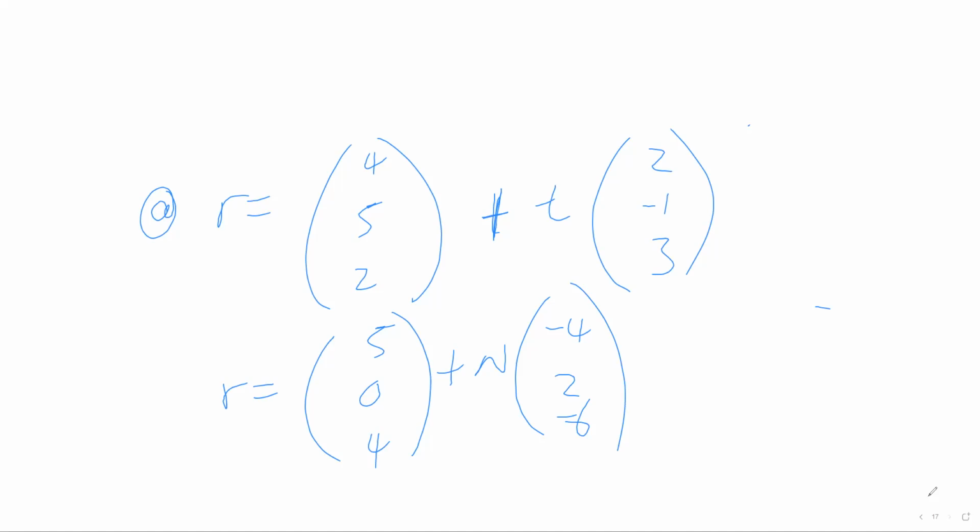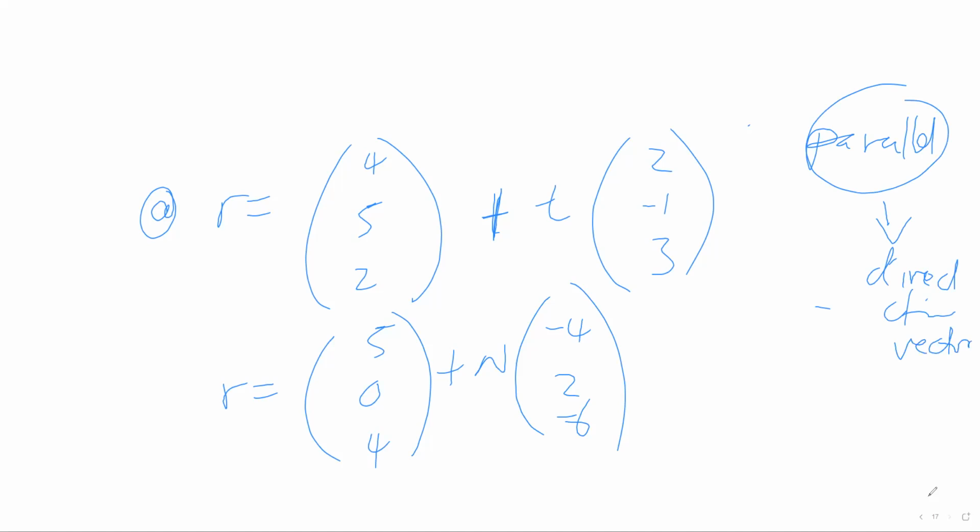So first of all, guys, let me talk a little bit about how to identify parallel lines. Parallel lines, sometimes by inspection, you use the direction vectors. Remember, this is a direction vector.